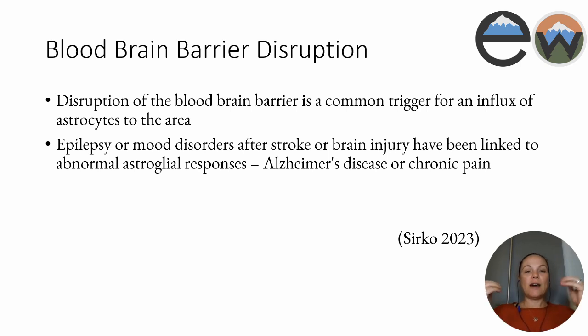And if you have an injury that causes an astrocyte response like that, you could end up with an abnormal response in something like epilepsy or mood disorders. It is not saying that everybody will have that, but it's just to say that there's probably an astrocyte response that needs to be maintained, managed, or at least monitored, right? And they see this sort of astroglial response in things like Alzheimer's disease and chronic pain as well.